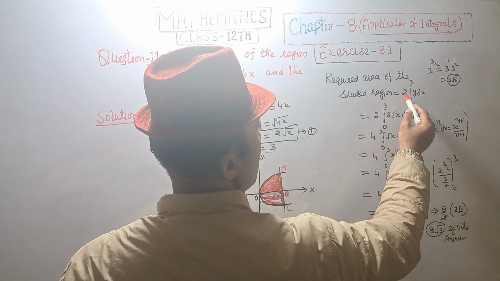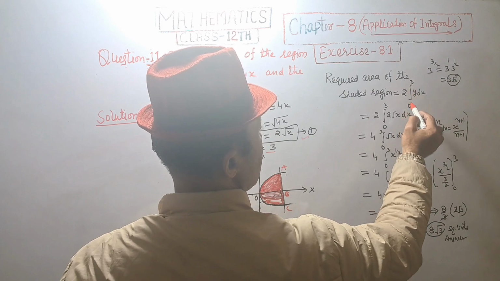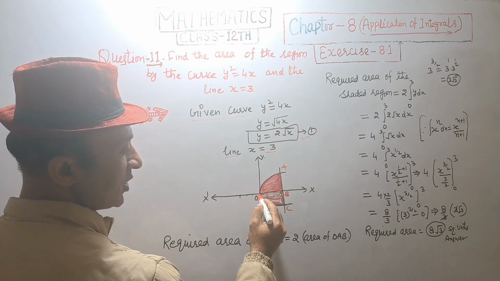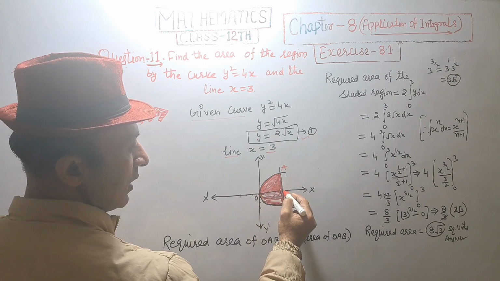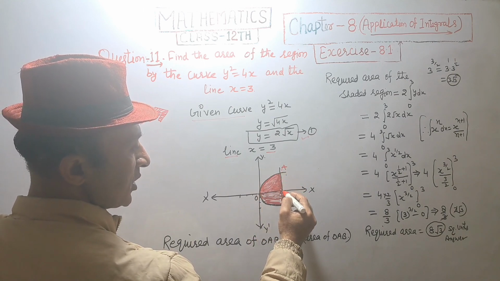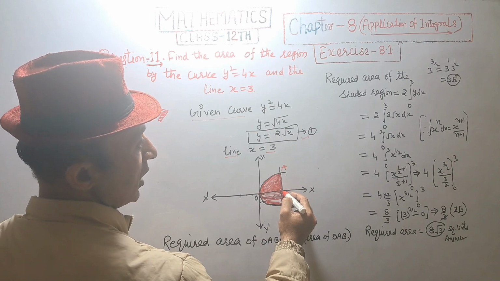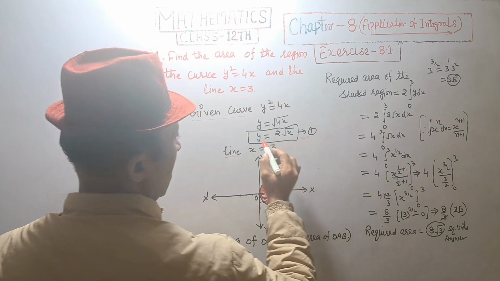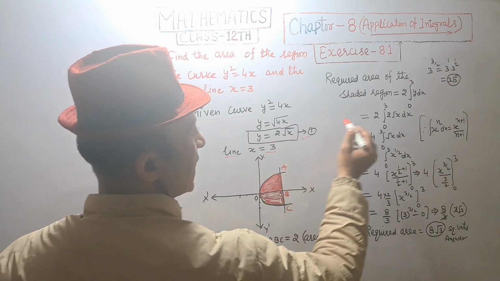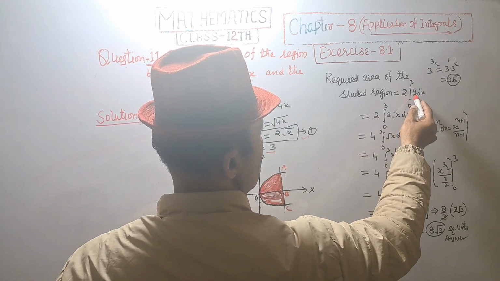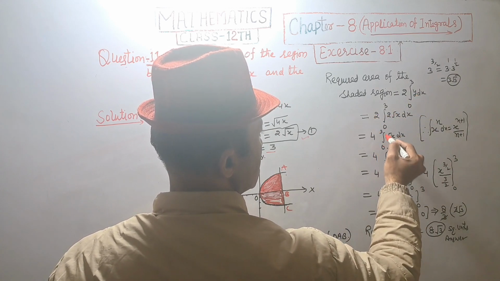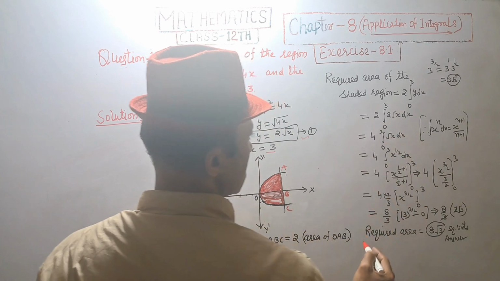That is equal to 2 into integration of 0 to 3, limit lies between initial point, that is 0, and on the x-axis this point is x equal to 3. So limit lies between 0 to 3 y dx. And we have y is equal to 2 root x. We are putting in this integration, and 2 2s are 4, integration 0 to 3 root x dx.